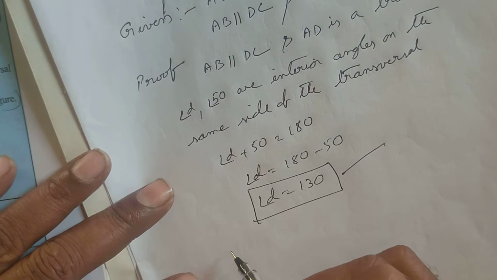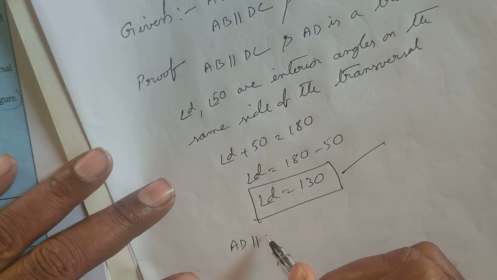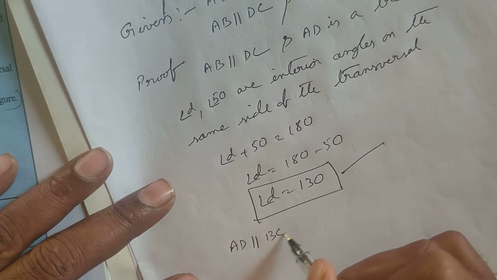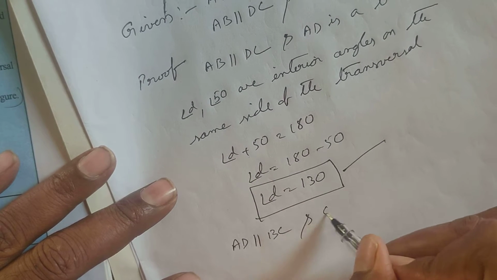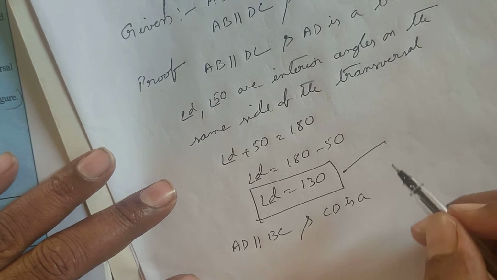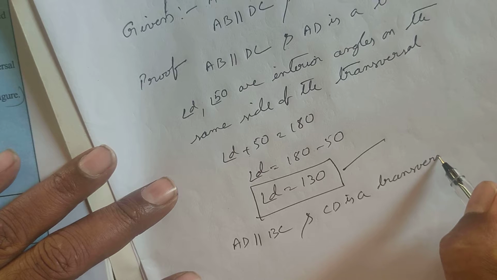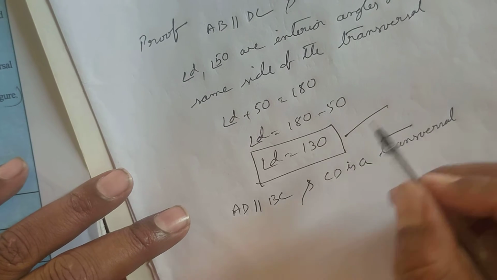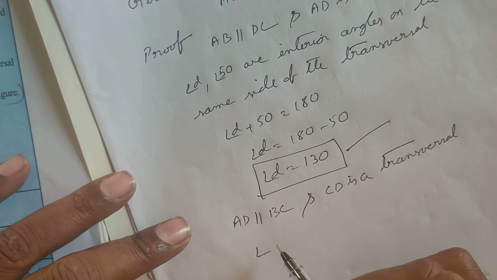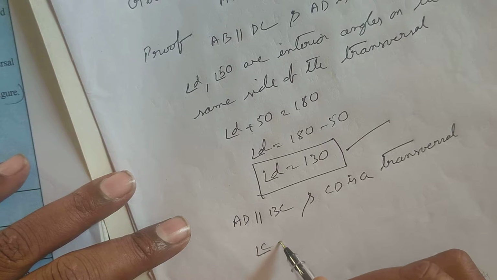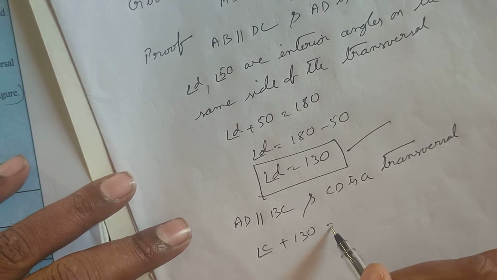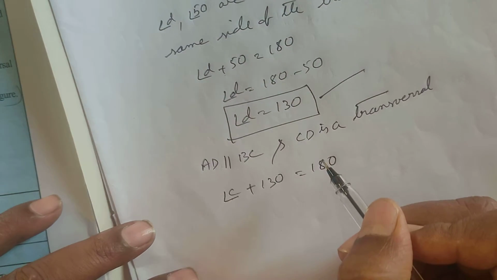Same you have to write it. How I am writing is, see it. AD is parallel to BC and CD is a transversal. Then angle C plus 130 is equal to 180. Directly I am writing here.